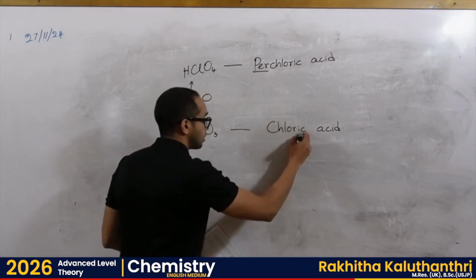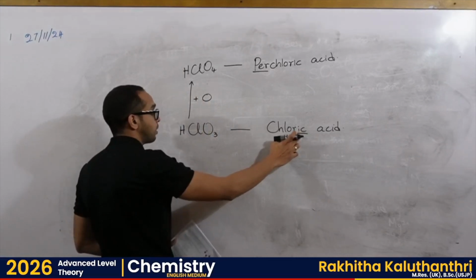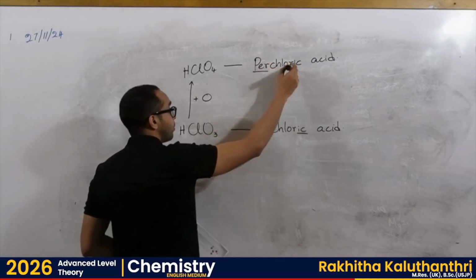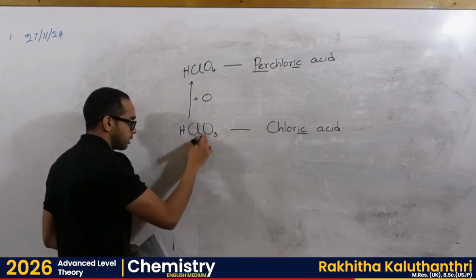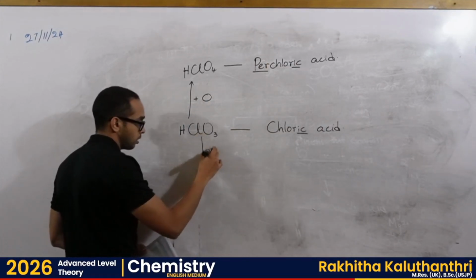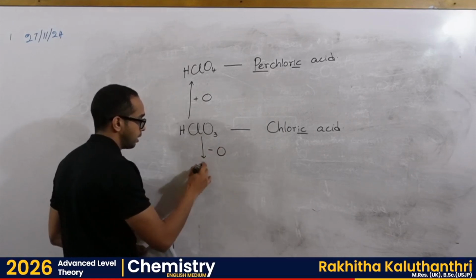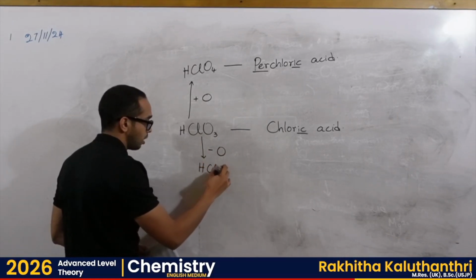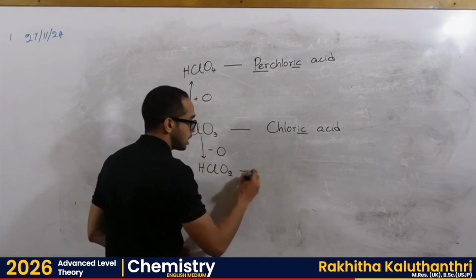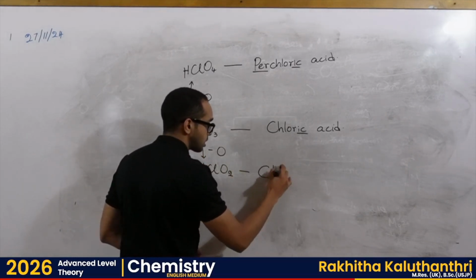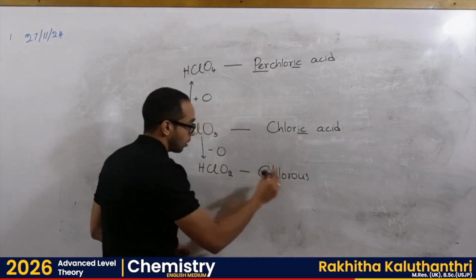Right, so here the only thing that we had over here was the ic ending, but apart from the ic ending, when it comes to this, we have the per part and the ic ending. And if you subtract just one oxygen, taking one oxygen away to form something like HClO2, this is referred to as chlorous, with an ous ending.